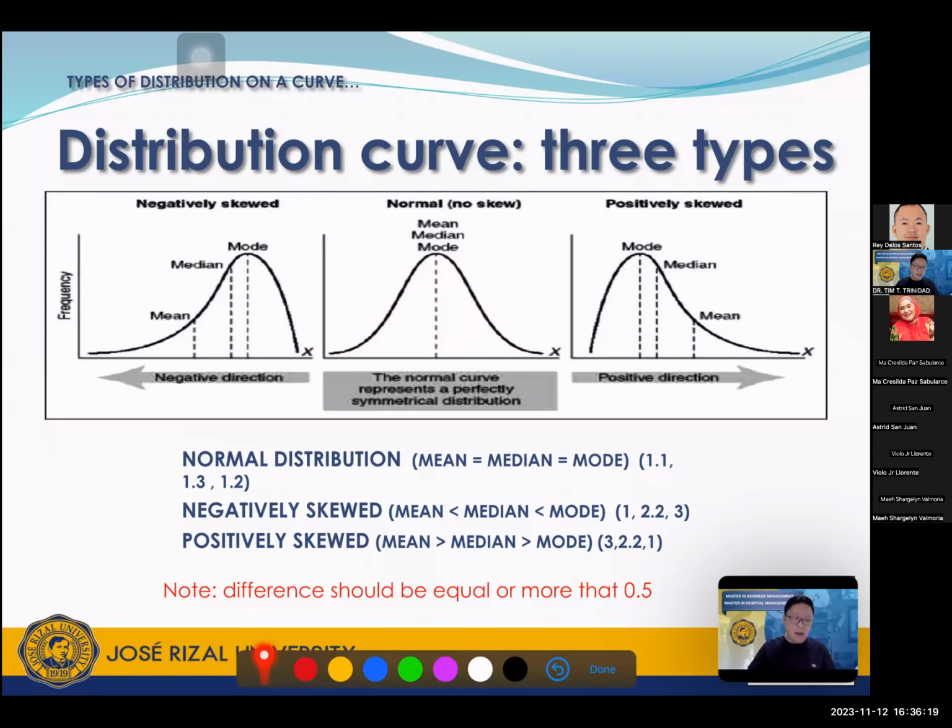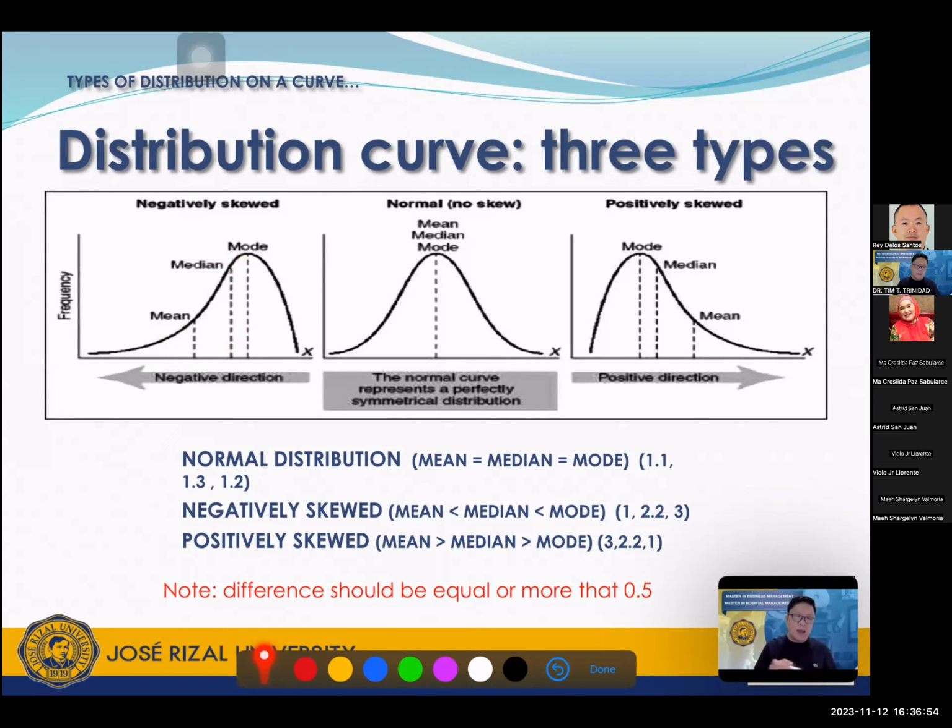Okay. But if your mean is less than the median and the mode, you will produce an abnormal distribution, which is particularly a negatively skewed distribution. Again, a negatively skewed distribution happens when the mean is less than the median and less than the mode.